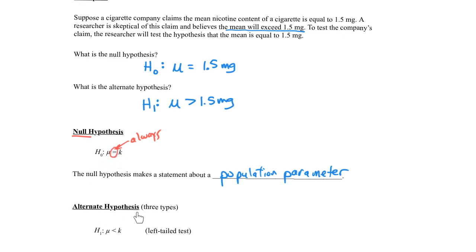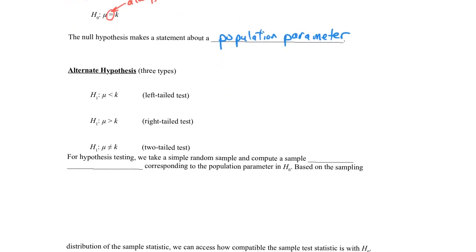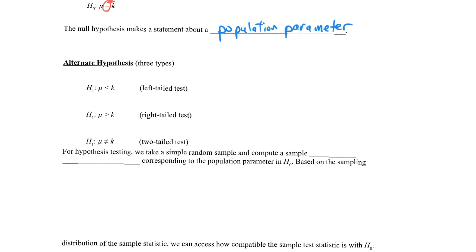Then there's the alternate hypothesis. There are 3 different types of these, but we will just use one. Each problem will have a null hypothesis and one alternate hypothesis. So there are 3 types, but we will use just one at a time.